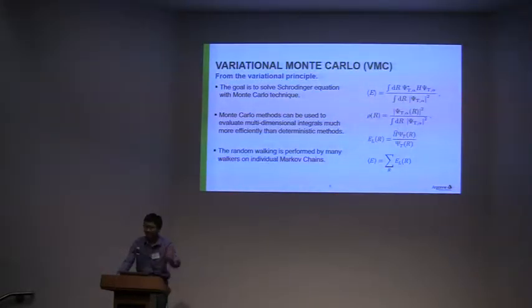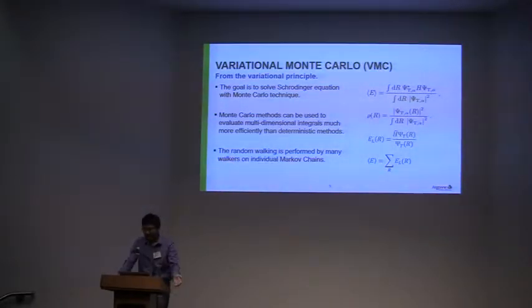Don't be scared, this is the only slide with formulas. Basically, what we do with quantum Monte Carlo is solve the Schrödinger equation. To get the energy, you do the multi-dimensional integral of the Hamiltonian in real space.